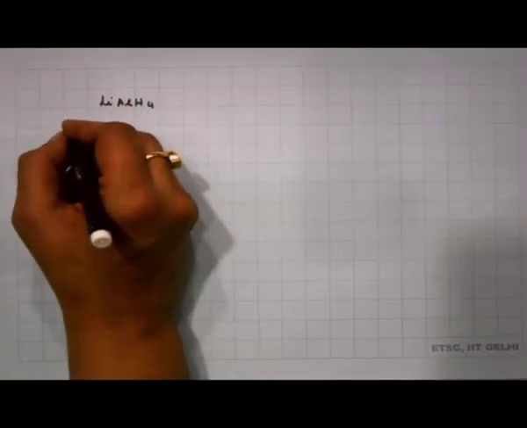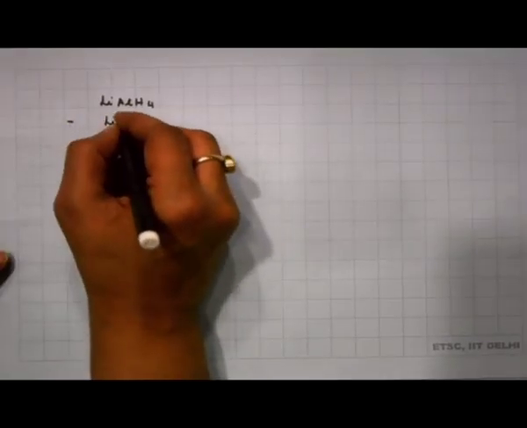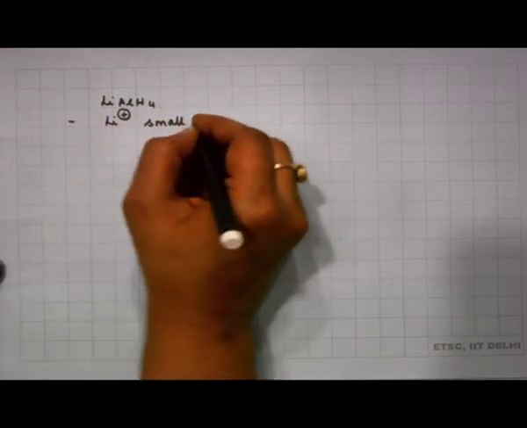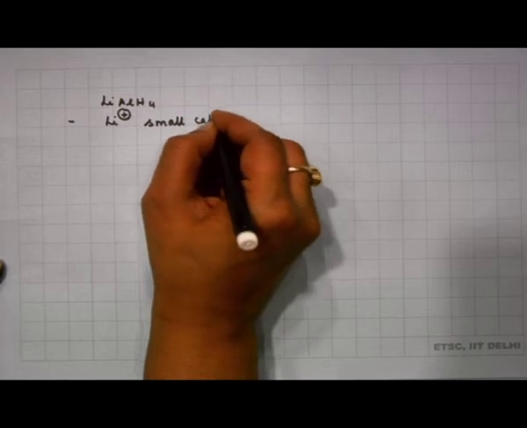In lithium aluminium hydride, the lithium cation is a very small cation compared to sodium.